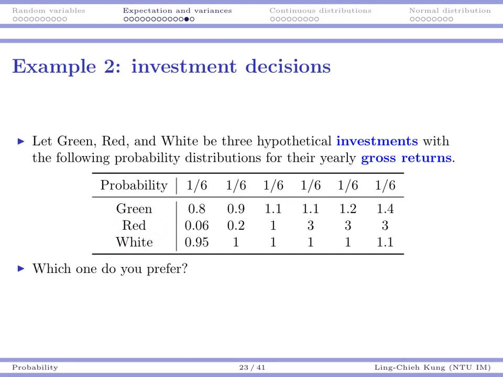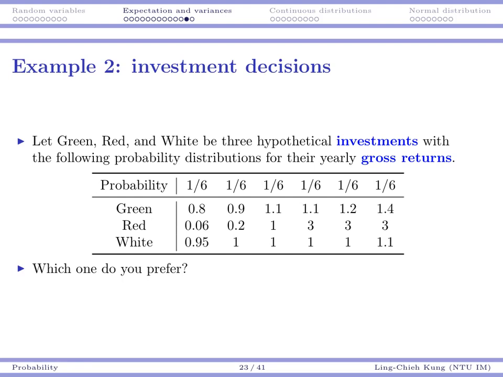The red seems to be quite risky. With 1/2 of the probability, I can get 3 times of my investment back after 1 year. But it's also possible that I only get 6% back. And the white one seems to be very stable. So with some probability, I get 5% of loss, but with only 1/6 probability, I get 10% earning.